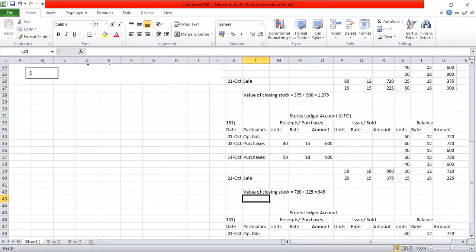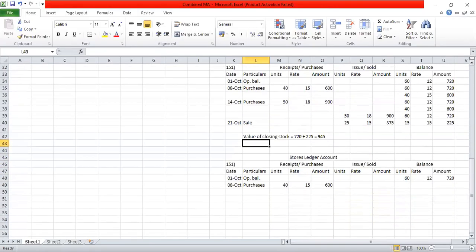Now, in case of weighted average method, there is no need to have a rate column under the balance column. The transaction for opening balance is the same. Then purchases are made.